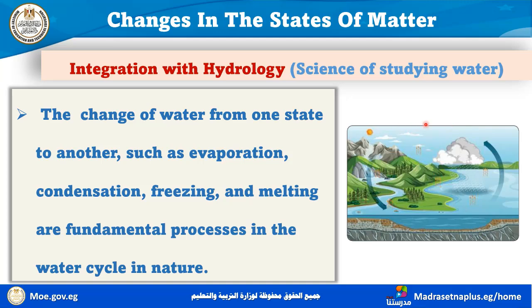Then the clouds are carried to other regions and fall as fresh water on the top of mountains, where it can be accumulated and returned to the rivers and freshwater lakes. And so this is our water cycle.